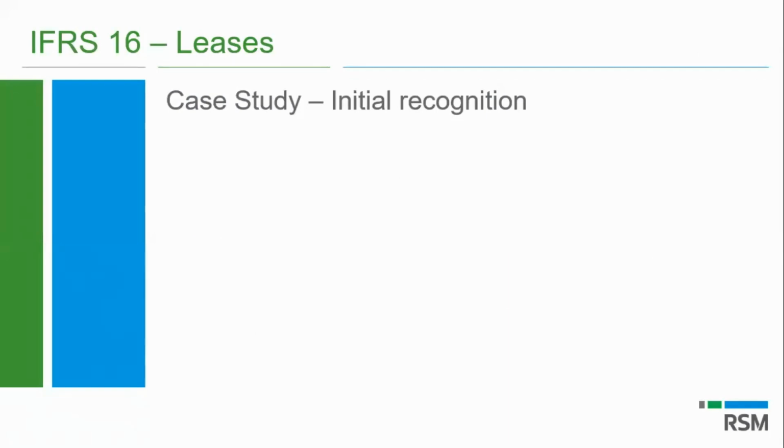So we just need to apply our minds when looking at those, and then recognize the necessary liability and assets accordingly. I'm going to go through a very high-level example, setting out what the journal entries and calculations are, and hopefully it becomes a bit clearer in an example.